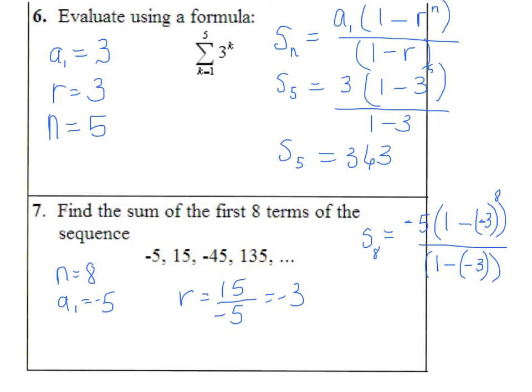So it'll be 1 minus whatever 3 to the 8th is. However, in the bottom, this is to the 1st power. So a negative times a negative is a positive. So on the top, I'm going to have 5 times something over 4. That will be 1 plus 3, which is 4. 1 minus 6561. And so your final answer for that is going to be 8200.